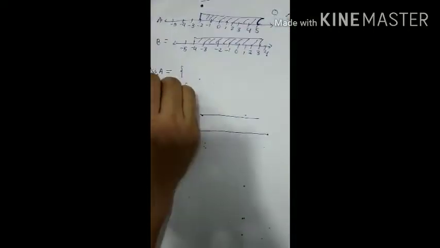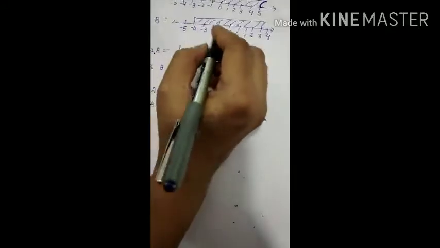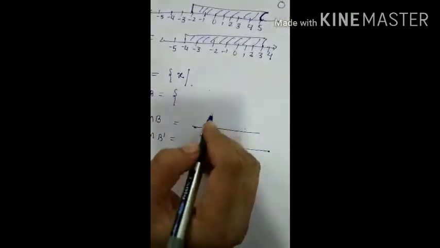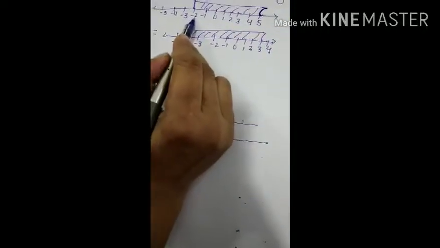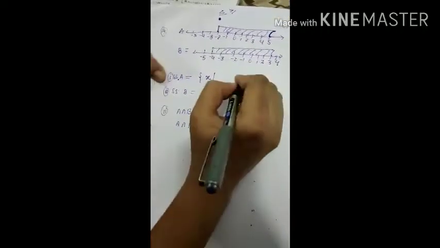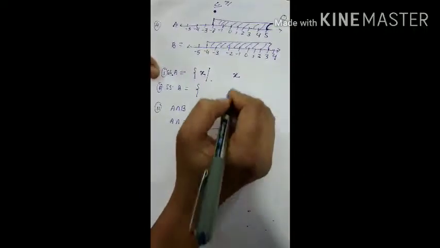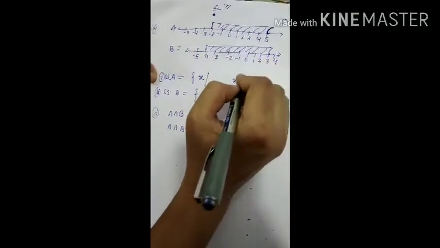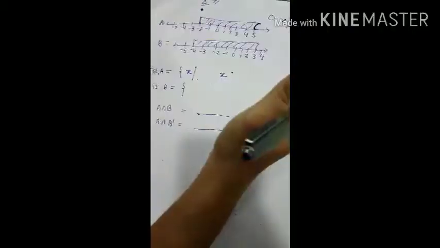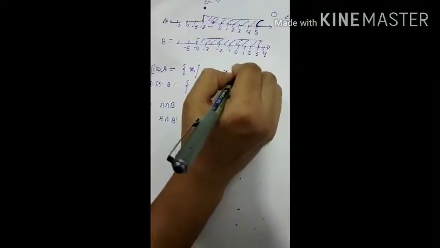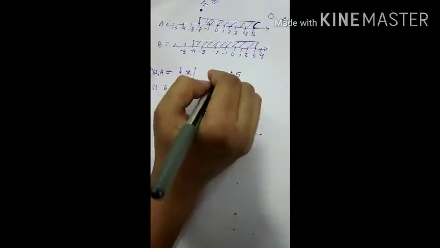Now to write the solution set, as we are told x belongs to the number line, we will make the equation such that x, such that, as you can see, it is minus 2 here and 5 here. So my x will be in between, of course. On the right hand side my x will be less than that number, and on the left hand side my x will be greater than that number.